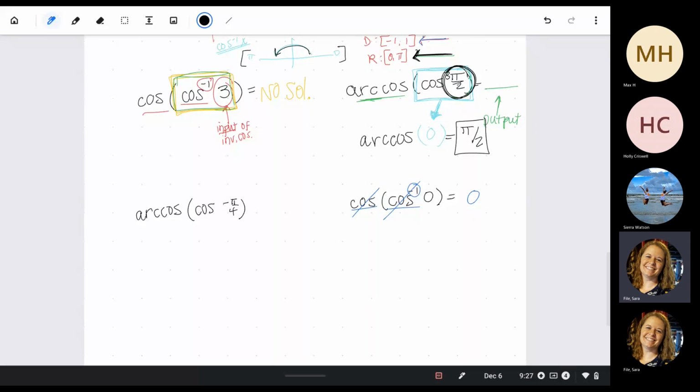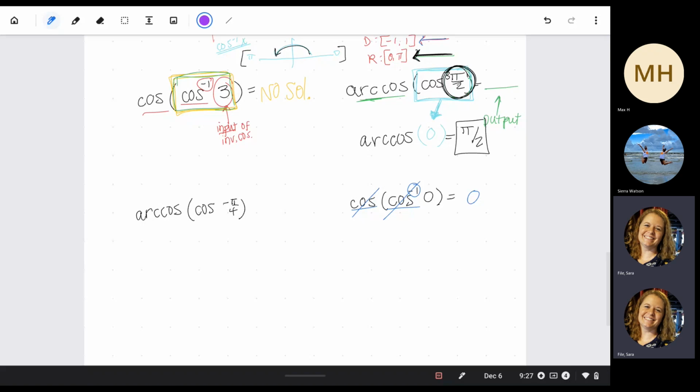And last but not least, this one down here, I want to see if I can just cancel these out, arc cosine and cosine, and have my answer be negative pi fourths? So we need to ask ourselves, if I put negative pi fourths here, that's going to be the output of arc cosine.